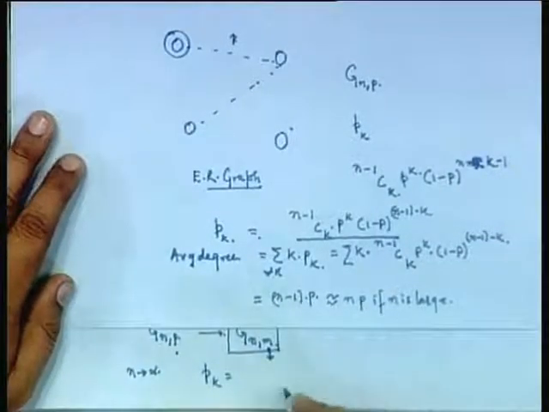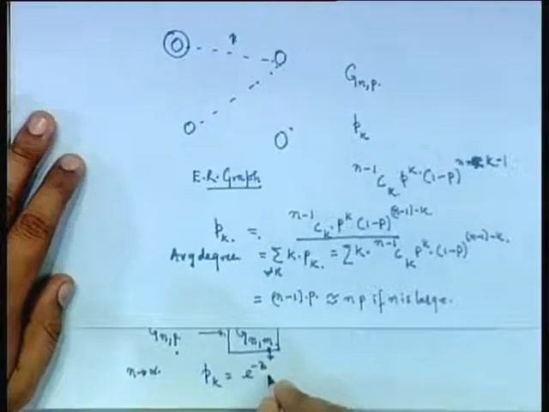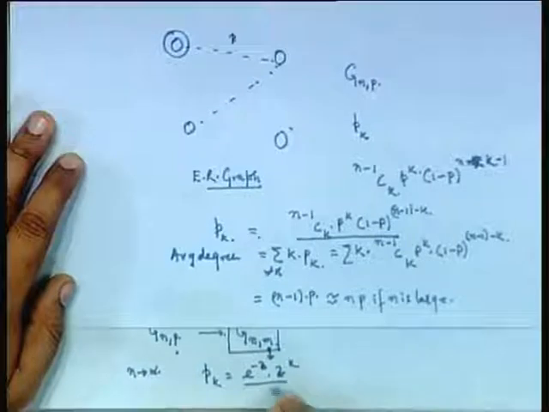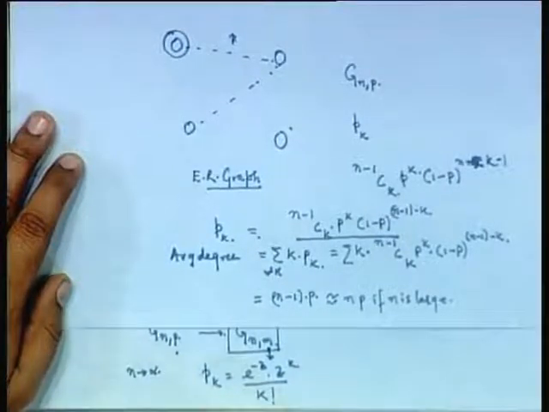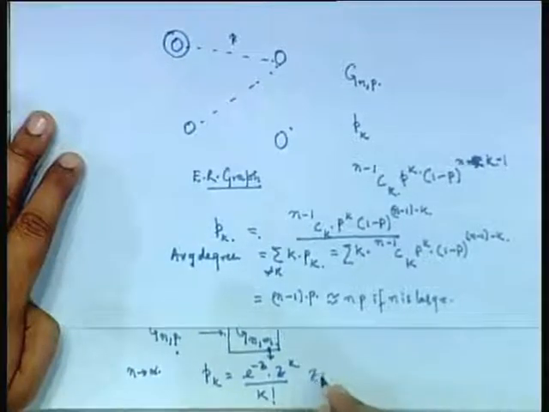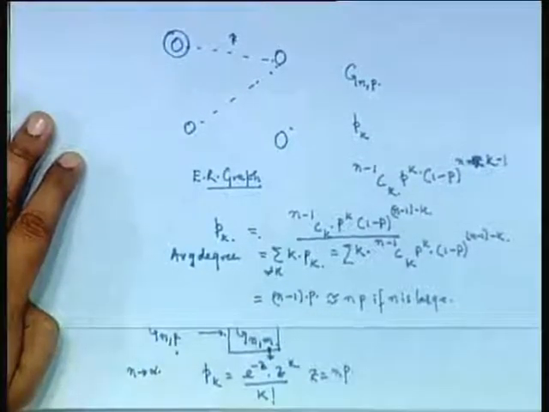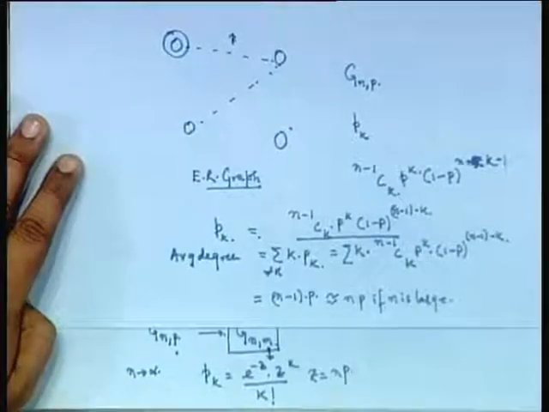So you can write e to the power minus z, z to the power k, over k factorial, where z is equal to n p, the average. Clear?